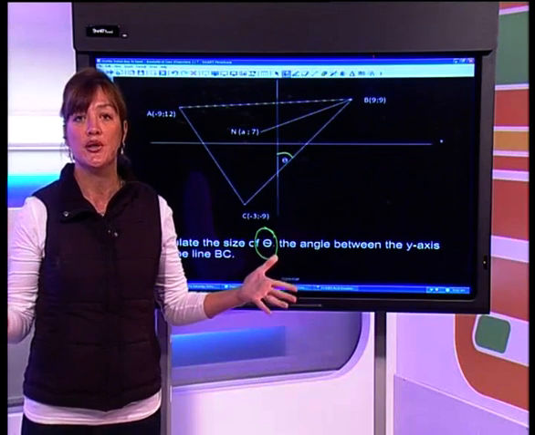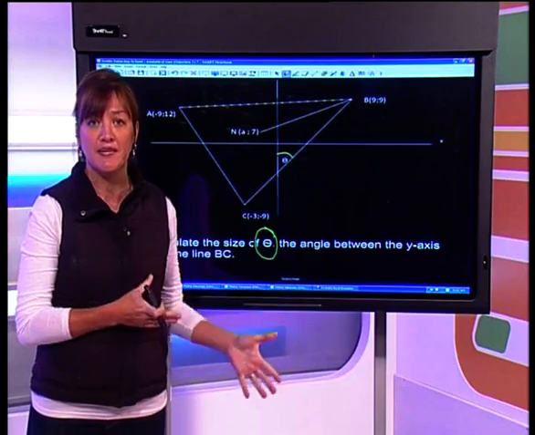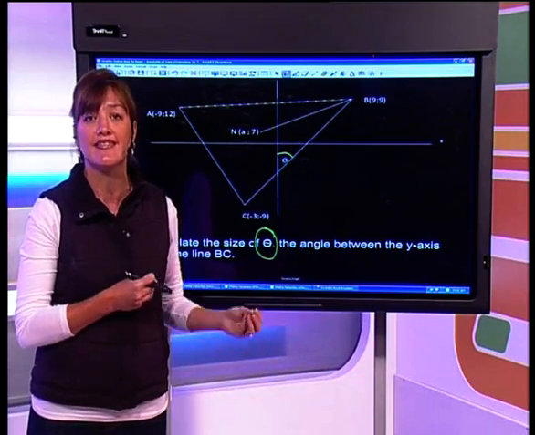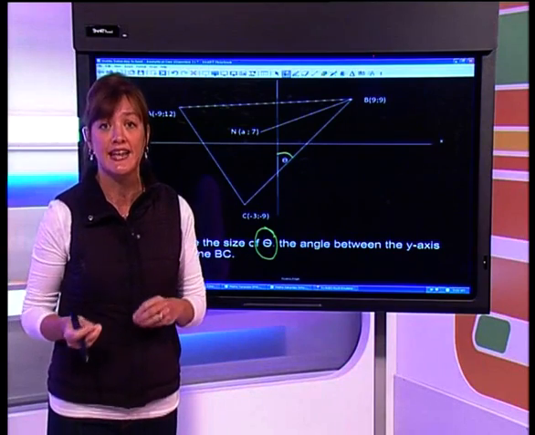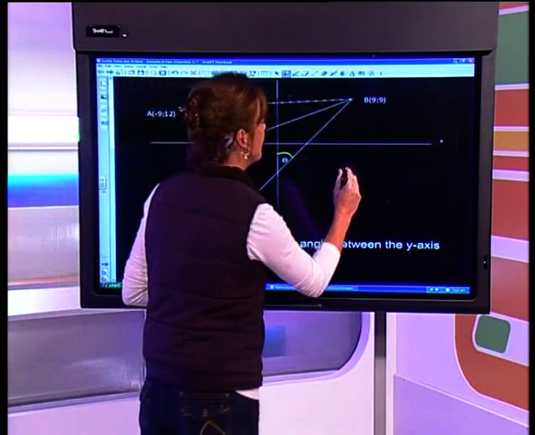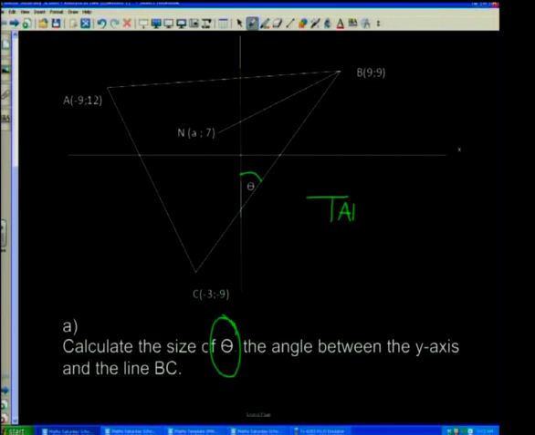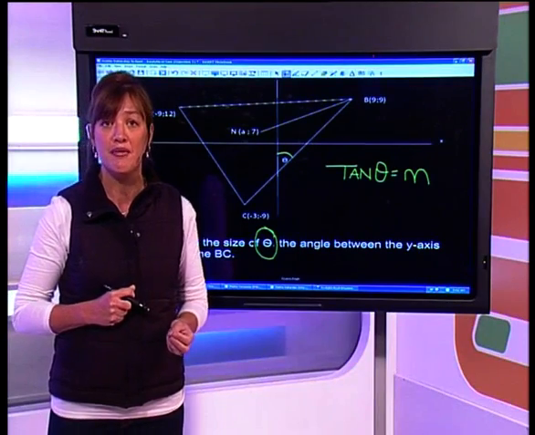What are we going to do? The first thing you need to remember is that if you are having to find the size of an angle, you are talking about your angle of inclination. For angle of inclination, tan theta equals the gradient of your line. That is the formula that we need to remember.